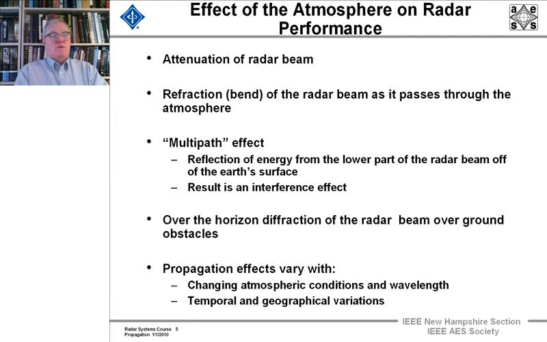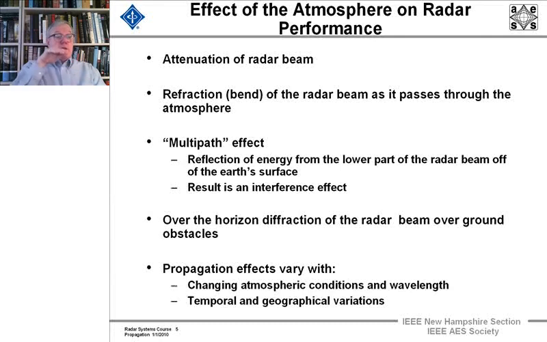Next is an effect called multipath, where we have, under many conditions, not all but many, the fact that the beam will go out and it will propagate to the target. And this usually happens when you're pretty close to the Earth. But the side lobes are part of the main lobe.